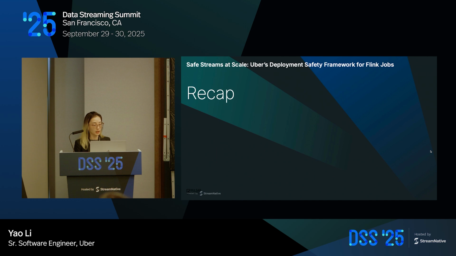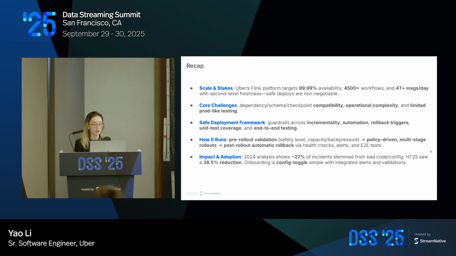So let's recap what we have today. So we have built a Flink job safe deployment framework with a 5-dimension quantitative measurement to address the core challenges in Flink safe deployment and to serve the mission-critical jobs in Uber. And the guardrails spread from pre-route validation, policy-driven multi-stage rollouts to the post-route auto rollback.